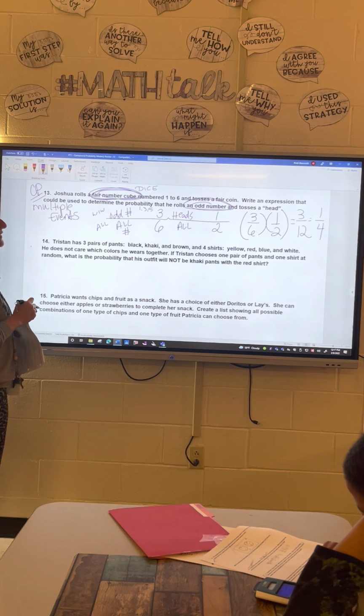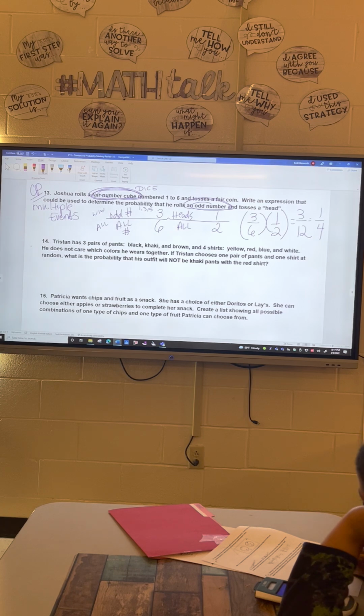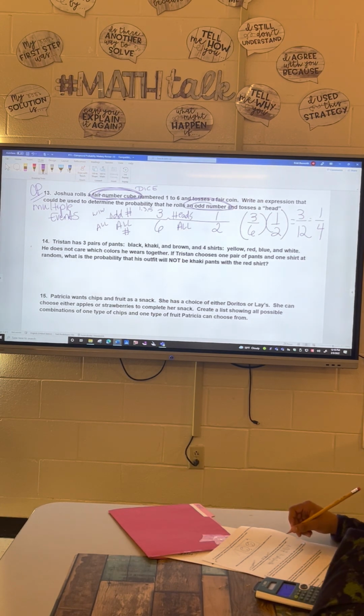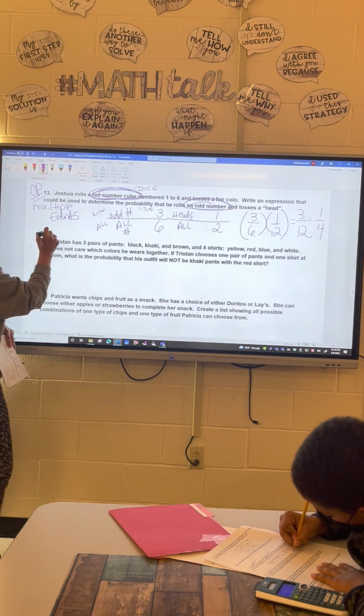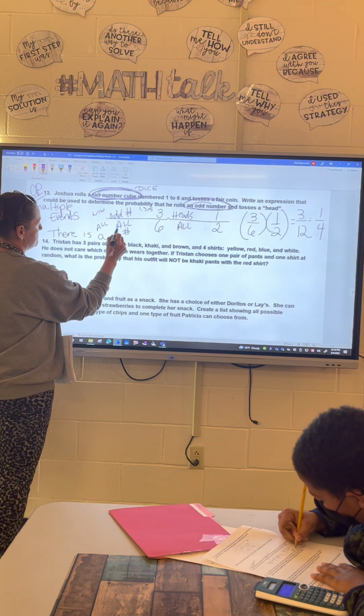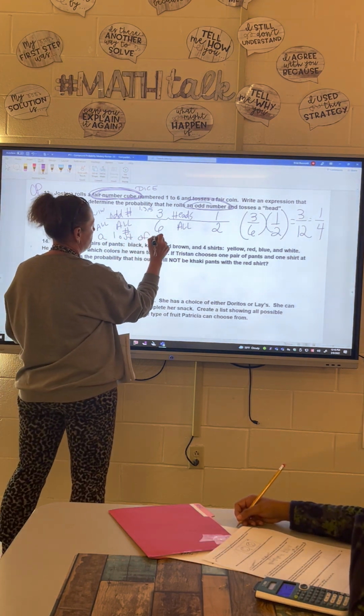This says write an expression, so you could say anything. There's 1 out of 4 chance of him doing this. There's a 25% chance, whatever, okay? Is the test answer choice? Yes.